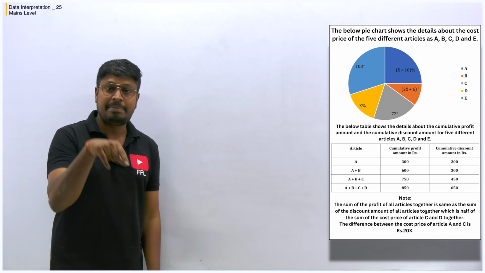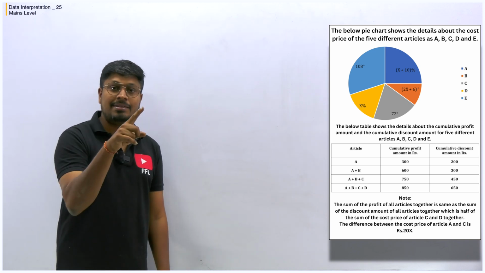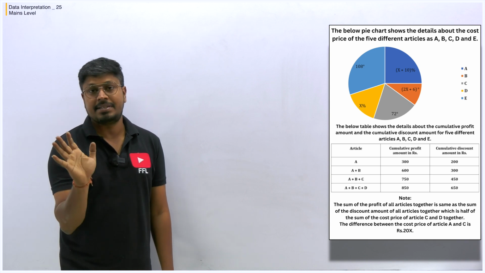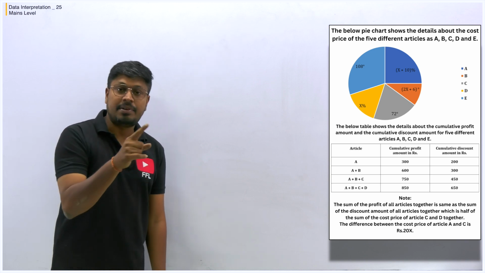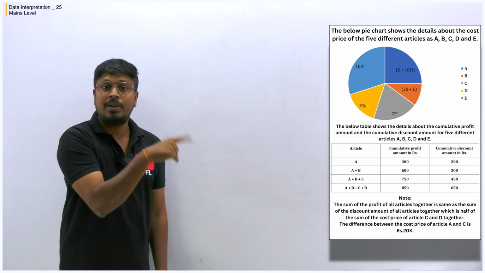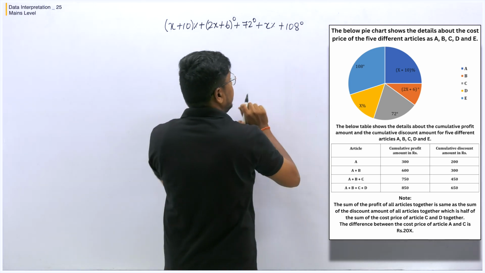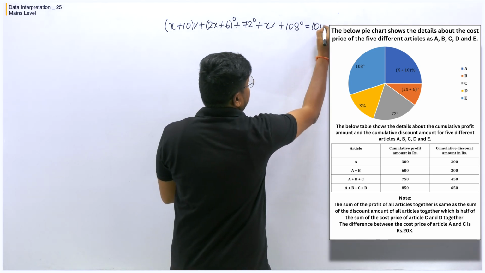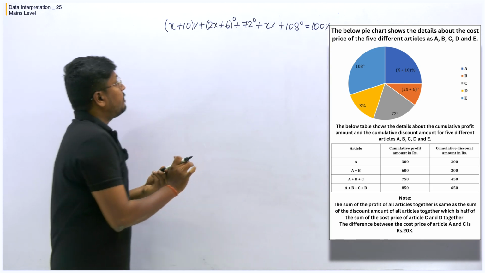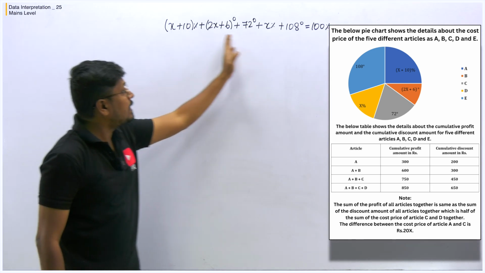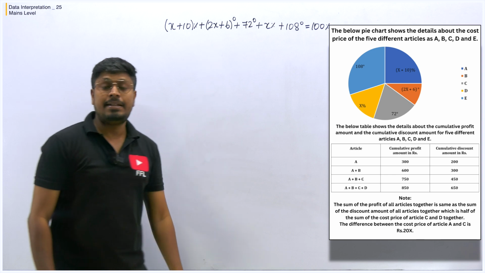And we know if it is a pie chart, when you add all the values, the resultant will be equal to 100%. If all the values are in terms of degrees, when you add all the values, it will be equal to 360 degrees. So 108 degrees equals 100%, right? Finally I'm going to convert all the left-hand side values in terms of 100%.